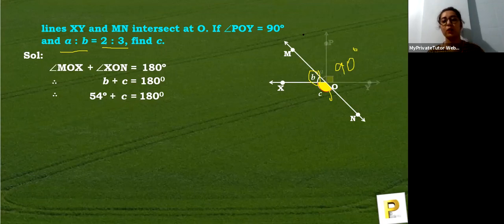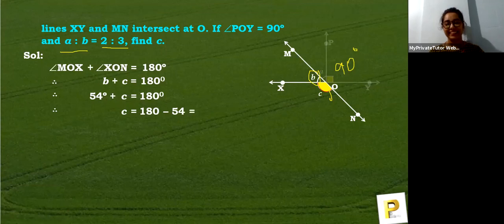Okay, let's check if your answers are correct or not. So, okay, so therefore C is equal to what? 180 minus 54.